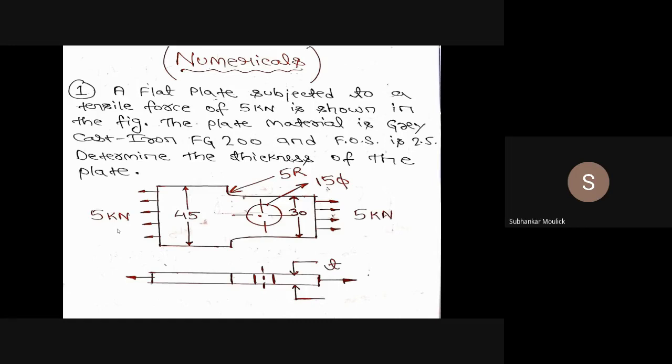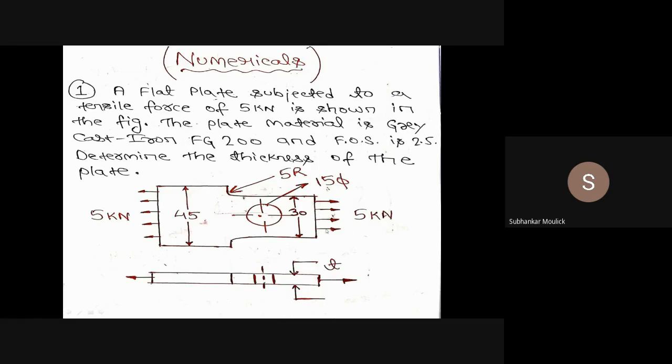Determine the thickness of the plate. So what is given to you? A rectangular plate is given to you. This rectangular plate is subjected to a tensile force of 5 kilonewton on either side. This is 5 kilonewton along negative x direction, and this is 5 kilonewton along positive x direction.